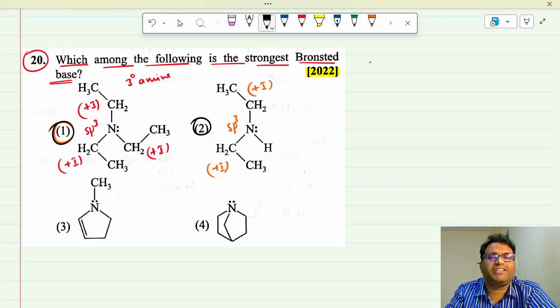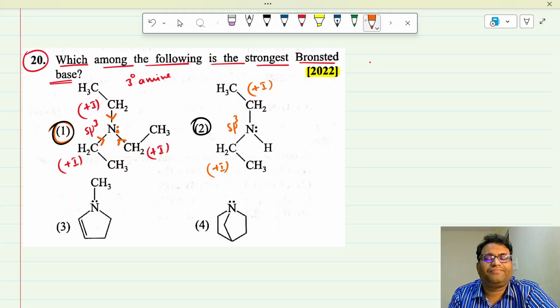One is more basic than 2, because the first molecule is a tertiary amine. 3 plus I groups are there. 3 plus I groups are pushing the electron density towards nitrogen, so that the availability of lone pair of electrons on nitrogen increases. When the availability increases, basic strength increases.